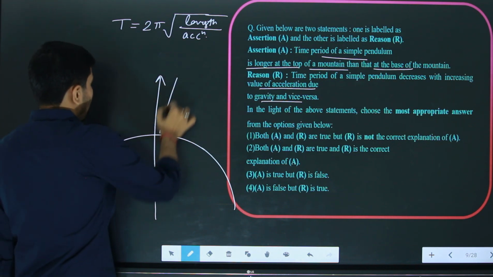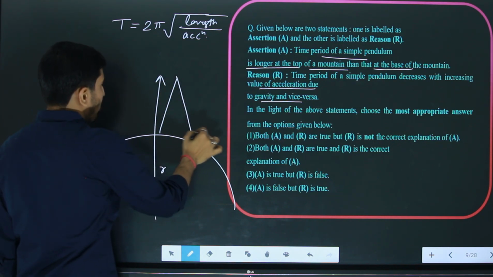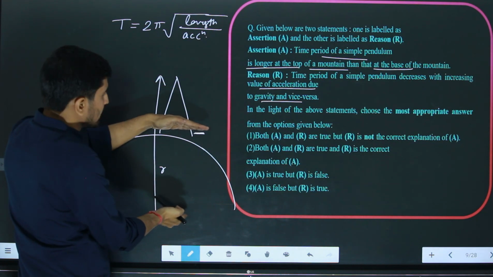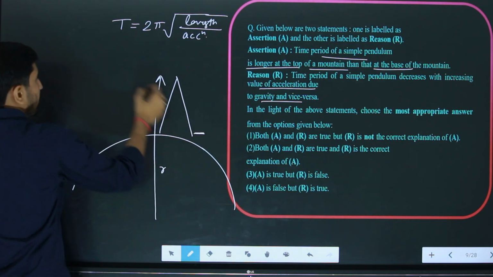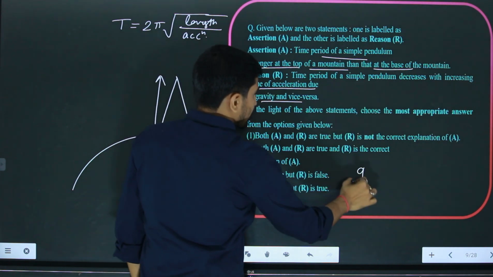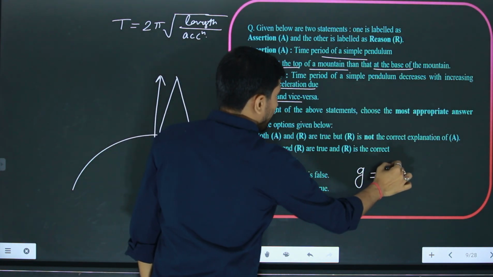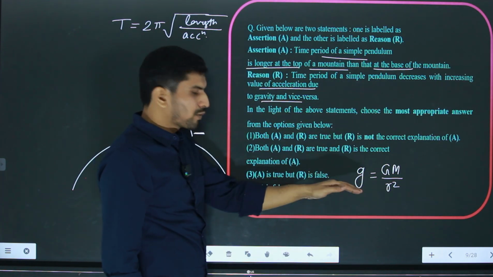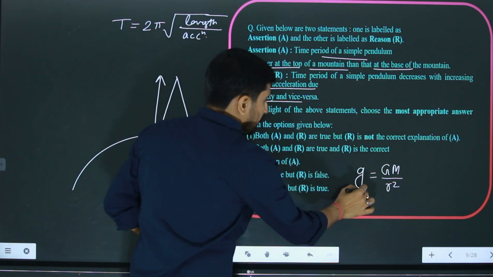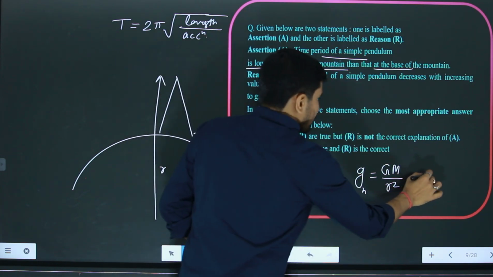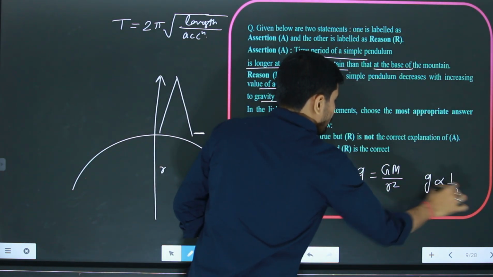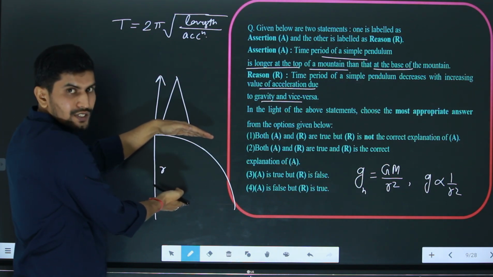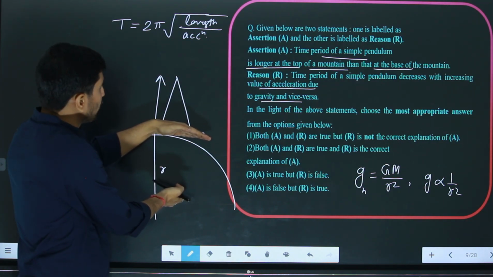See, this is the mountain. Near the bottom of the mountain, the distance from the center of Earth is less. If I write down the formula, acceleration due to gravity is equal to G mass of Earth divided by distance square, when we talk about gravity outside the Earth. So acceleration due to gravity is inversely proportional to the distance square. Less distance, more gravity.